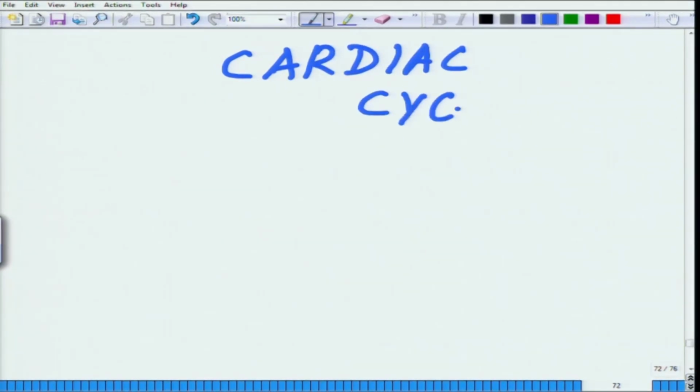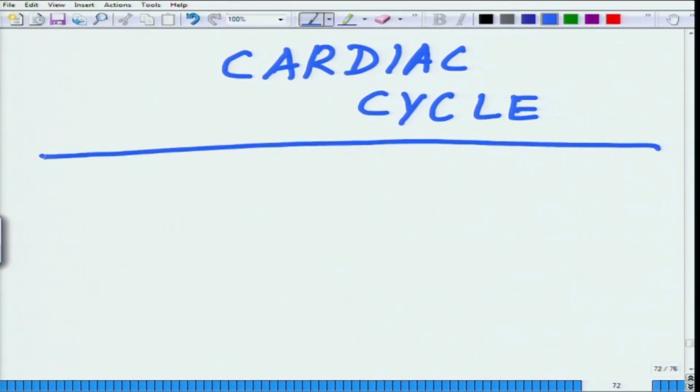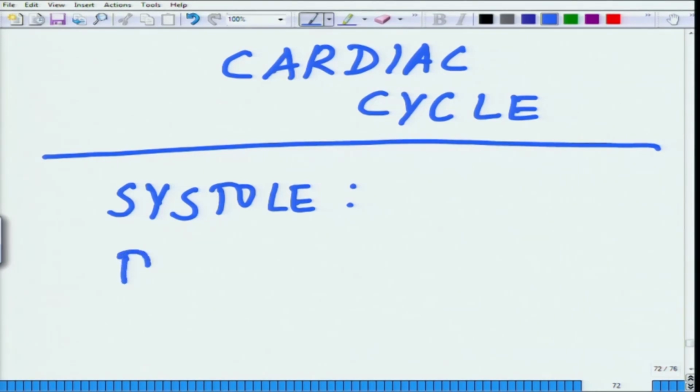There are two terms. One of the terms I am going to discuss is called the cardiac cycle. Before you understand the cardiac cycle, there are two terms which you need to understand: systole and diastole. This is very important. What is systole and what is diastole?